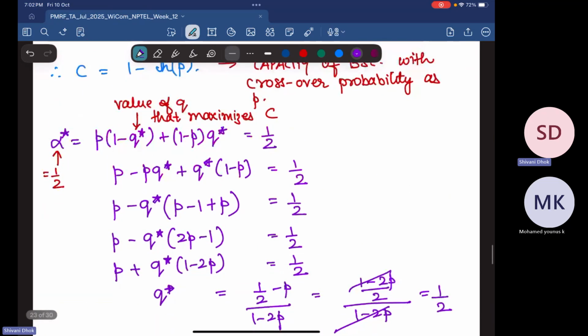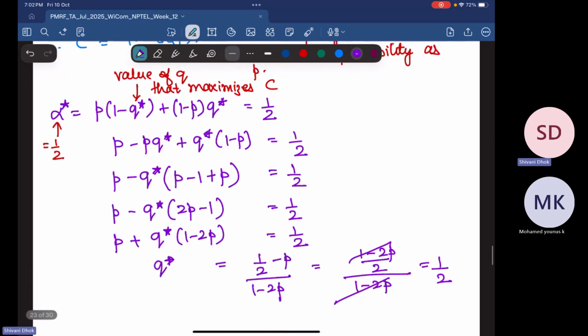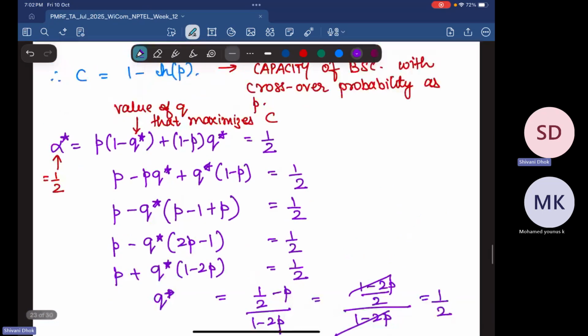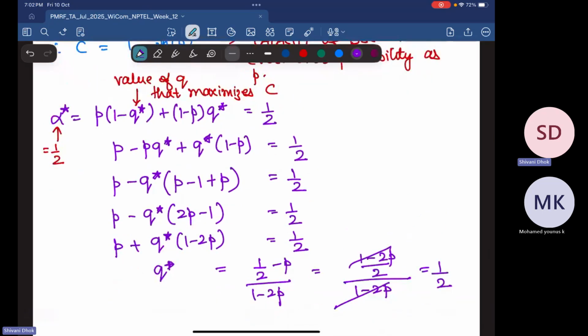So if I substitute Q equal to half in this equation above, I'll be left with Q star equal to half. So this is the value, so if again my inputs are equiprobable, I'll have a maximum capacity. So this is what we are having here.